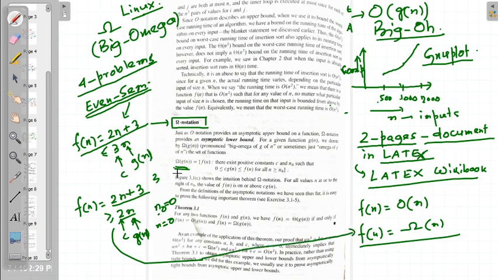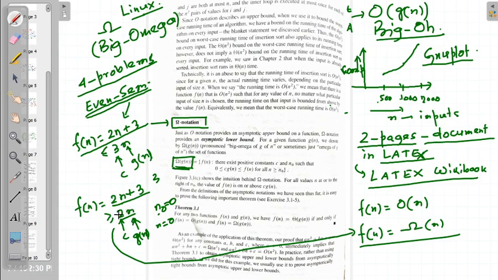So you see the definition is given here: omega of g(n) is a set of functions f(n). 2n plus 3 is greater than or equal to 2n, 2n plus 4 is also greater than or equal to 2n, and all these functions of the form an plus b will boil down to omega of n.